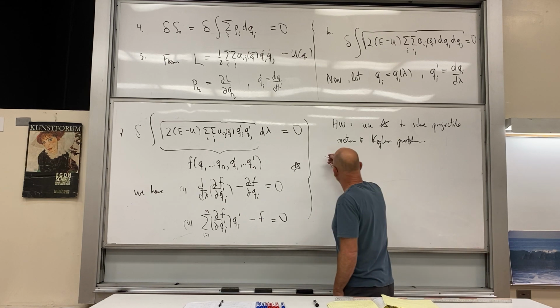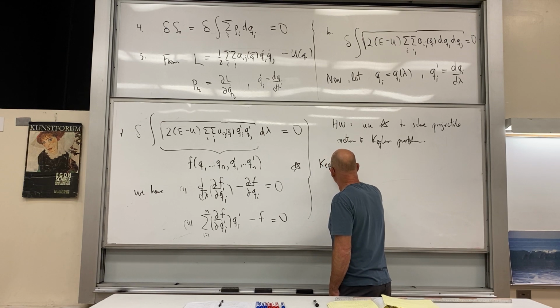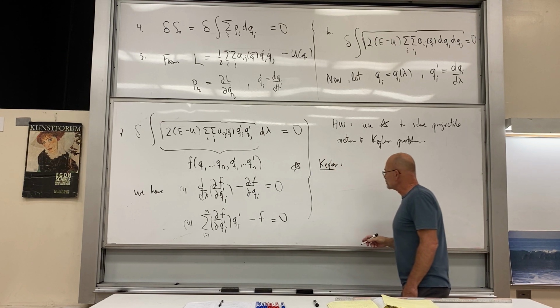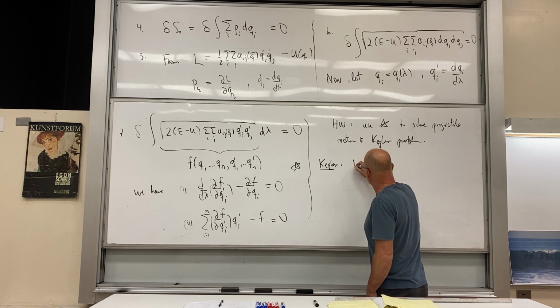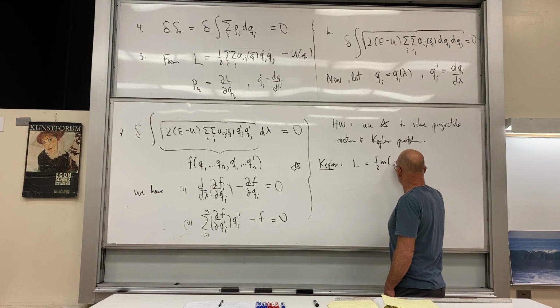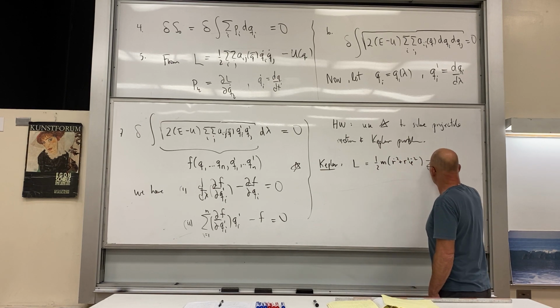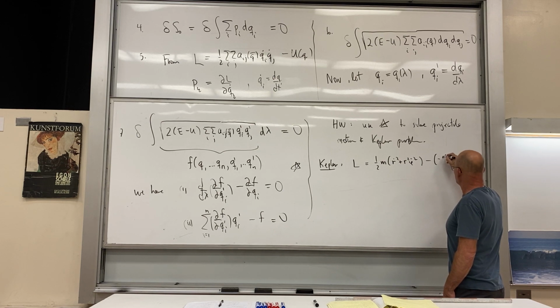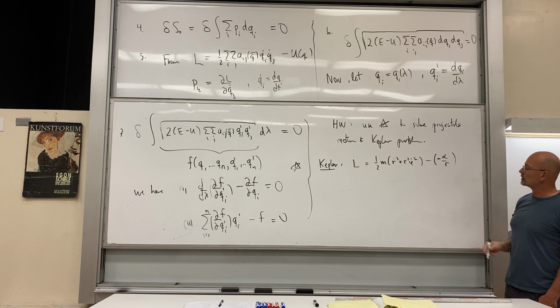So let's do it with the Kepler problem first, by which we mean the central force problem of this form: m/2 times (r dot squared plus r squared phi dot squared) minus negative alpha over r, right? That was our U of r, the Newton potential.